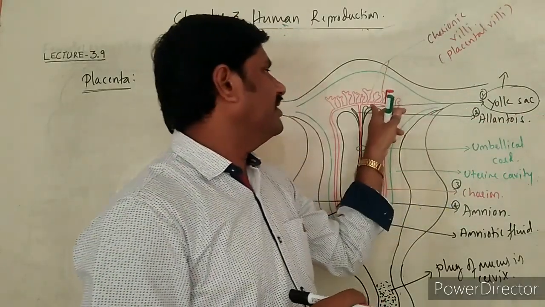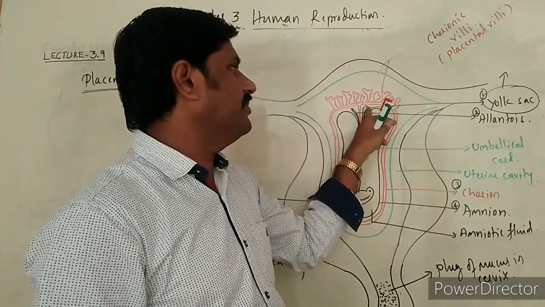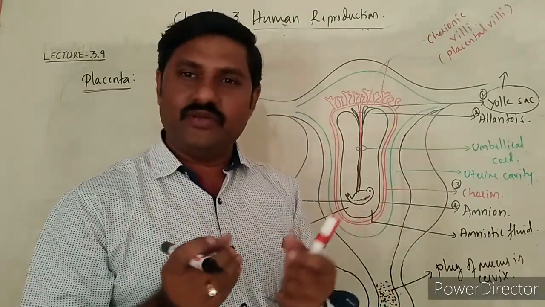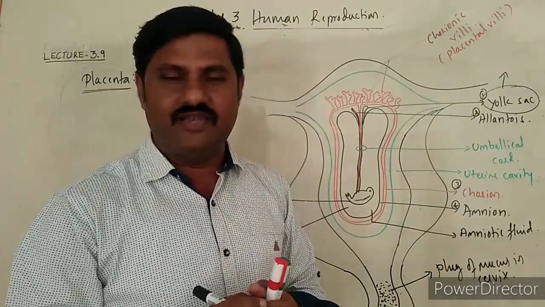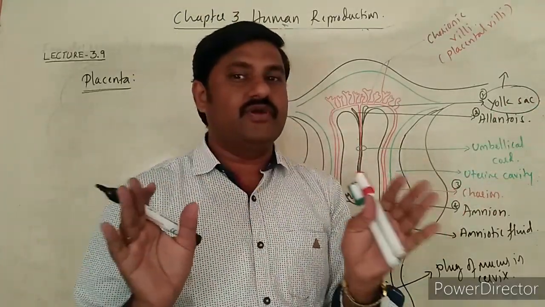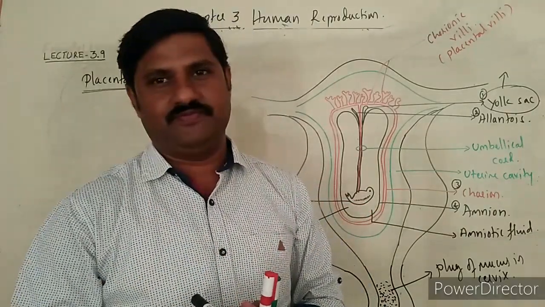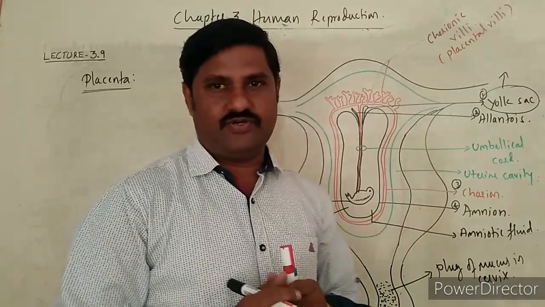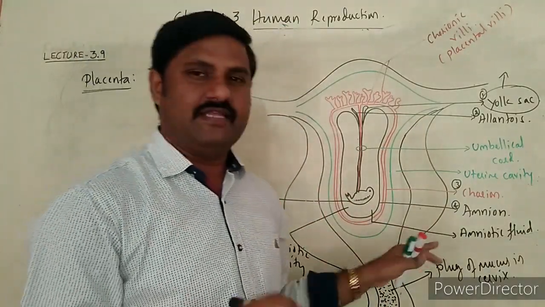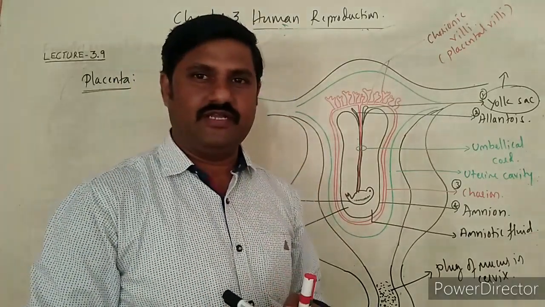But in the case of human beings, the developing embryo is not at all developing by utilization of the yolk present in the yolk sac. It is rudimentary, almost negligible in human beings. That's why the yolk sac doesn't have any important role during the development of the embryo in human beings, right? So this point is also noted over here. So there are extra embryonic membranes, which are not mentioned in NCERT, but in the diagram they are mentioned, right?